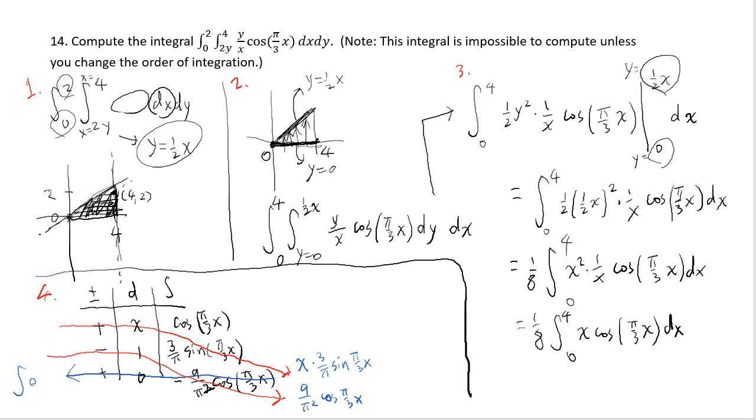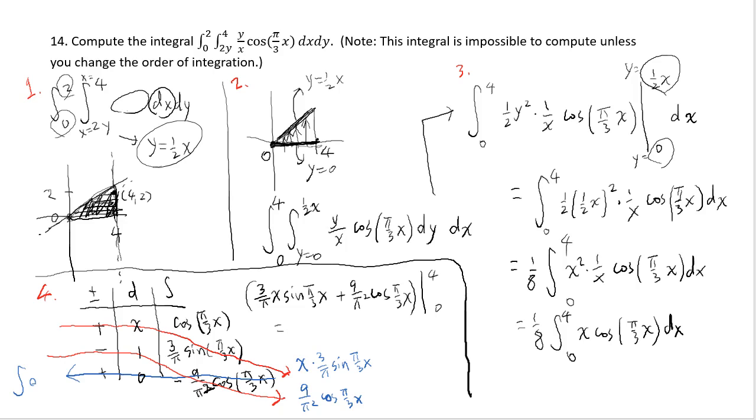We're going to put 3 over pi x sine pi over 3x, pull the number in front, plus 9 over pi squared cosine pi over 3x. And then we have to plug in 4 and 0 and compute.